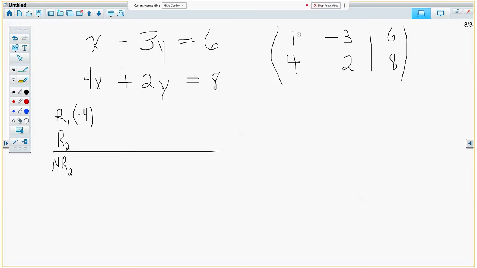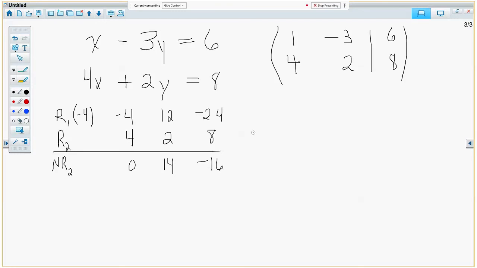So row 1 times -4, that's -4. -4 times -3 is 12. -4 times 6 is negative what? Row 2 is 4, 2, and 8. Then you get 0, 14, and I have no idea. 16, -16.